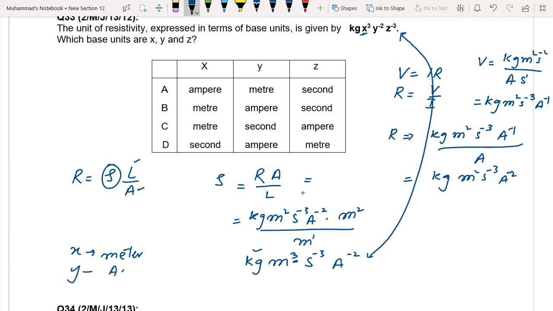This is a very good question. And s^-3 gives z, so z is second.